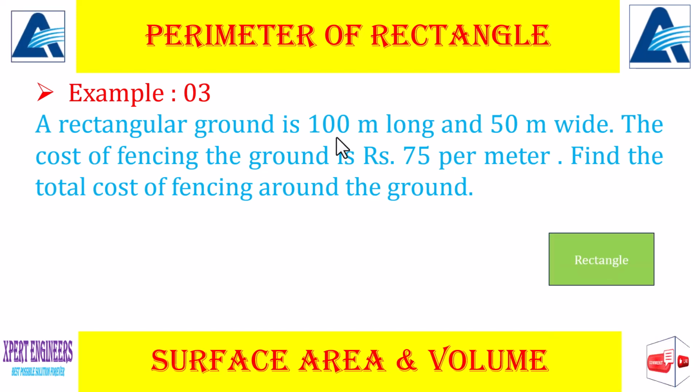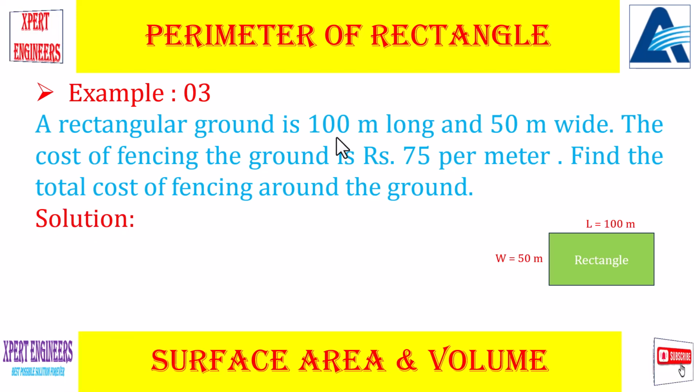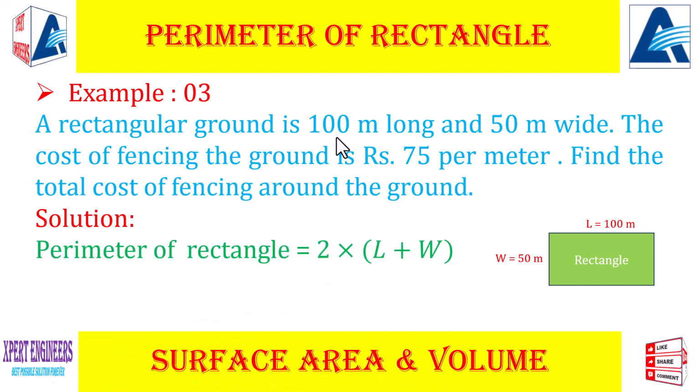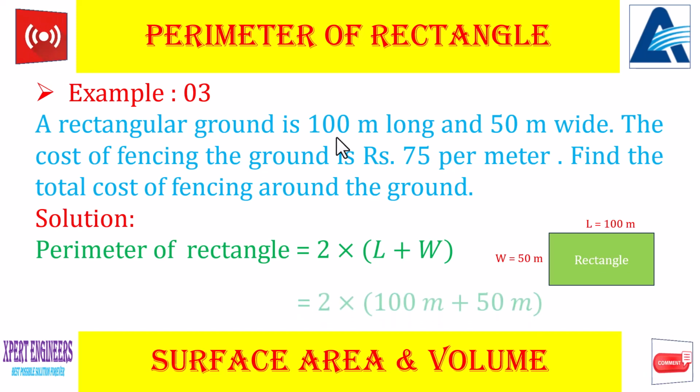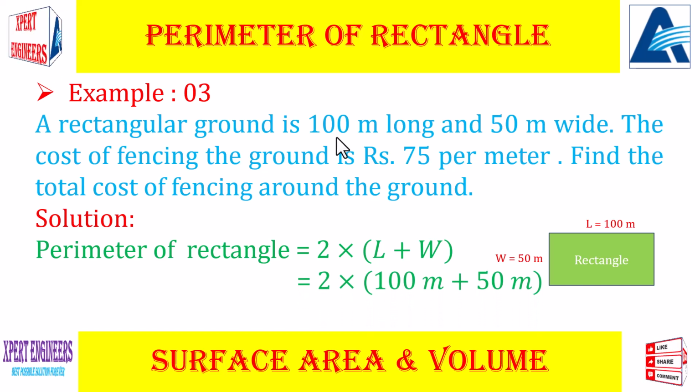Now let's draw a rectangle whose length is 100 meters and width is 50 meters. And we have to find the total cost of fencing around the ground. In order to find the total cost, we have to calculate the perimeter of the rectangle first. As we know that perimeter of rectangle is equal to 2 into (length plus width).